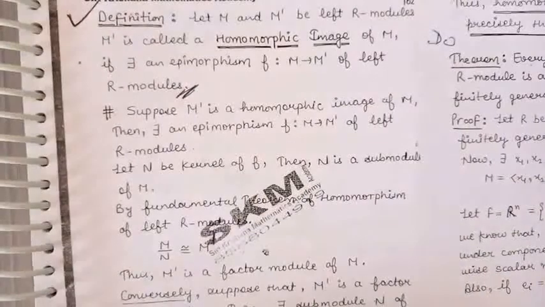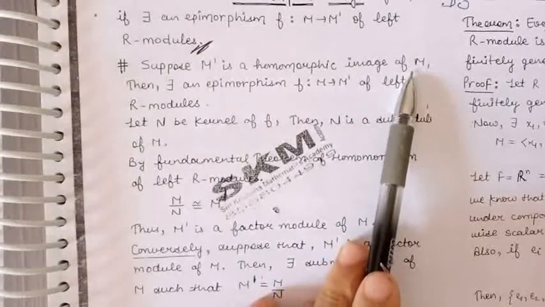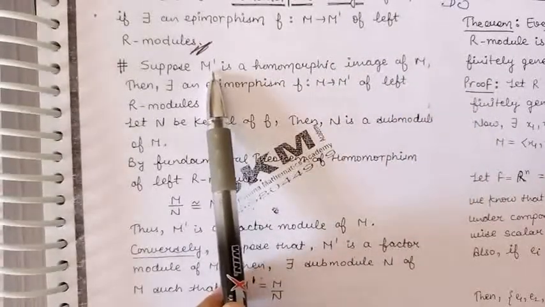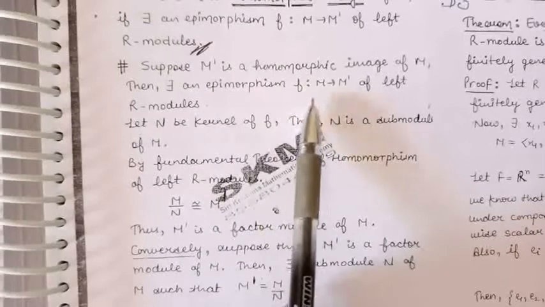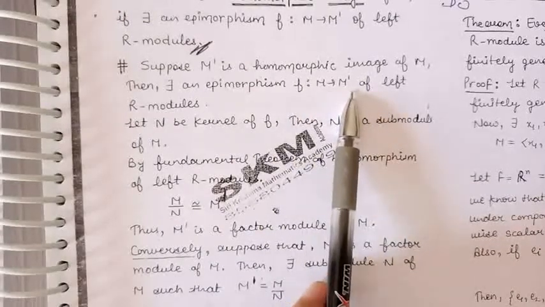Now, next there is a result in which we prove that the homomorphic image of a module M is precisely a factor module of M. To prove this, let us take M a module and M dash a homomorphic image of M. So by definition of homomorphic image, there will exist an onto homomorphism F from M into M dash.